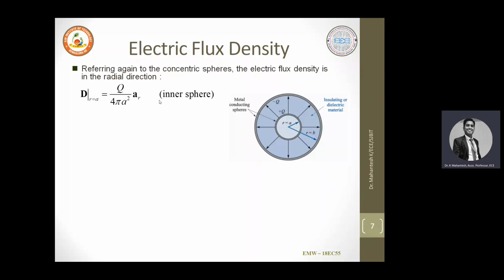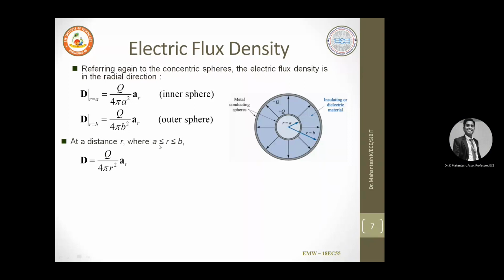With respect to the inner sphere, it is 4 pi a squared, in the direction of the radius, a r. With respect to the outer sphere, D at r equal to b is Q by 4 pi b squared in the radial direction. At a distance r, where r is greater than a and less than b, somewhere inside, I can generalize the equation: D is equal to Q by 4 pi r squared in the radial direction.